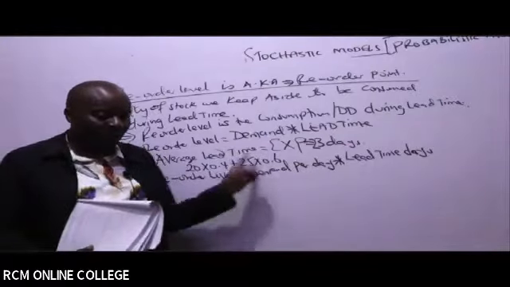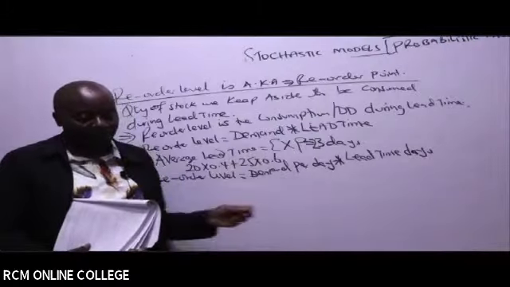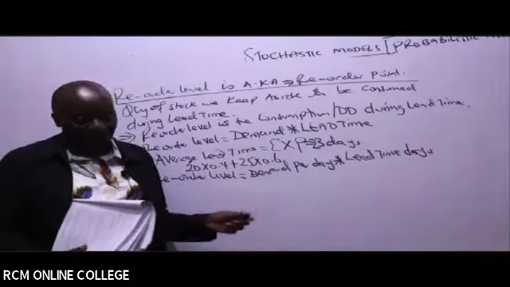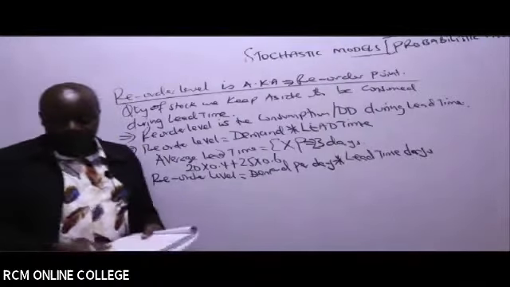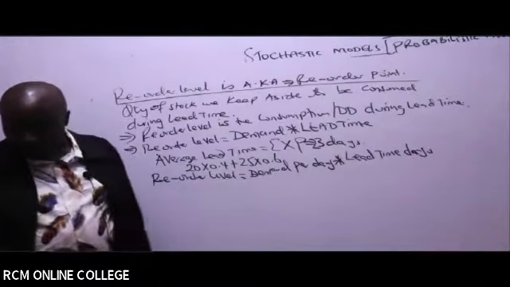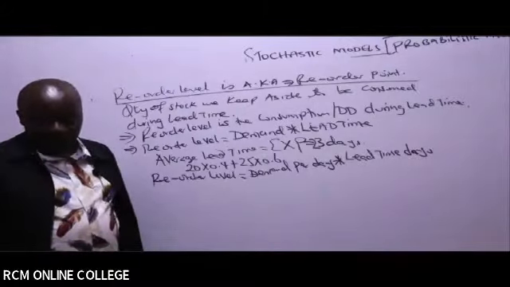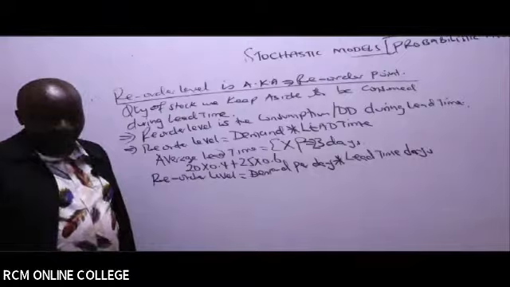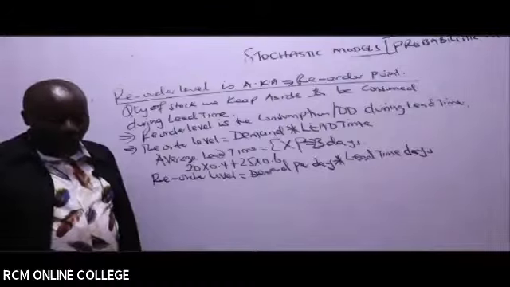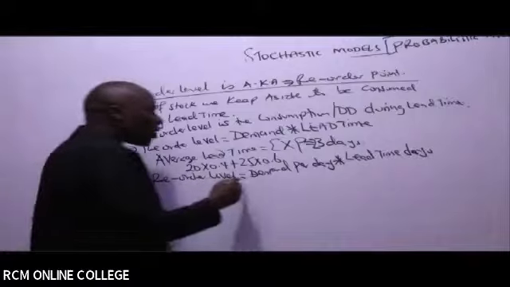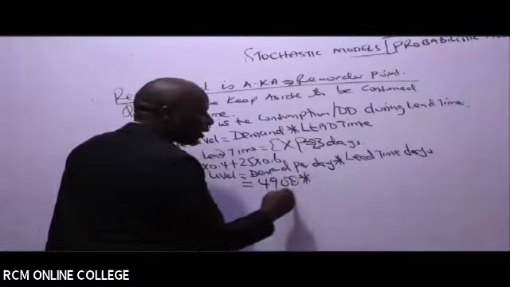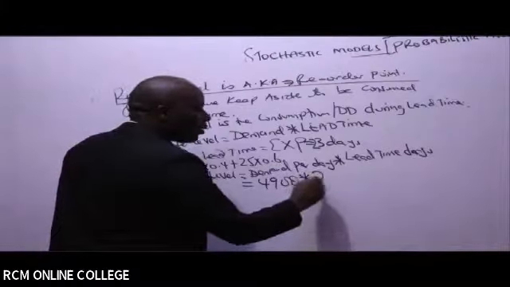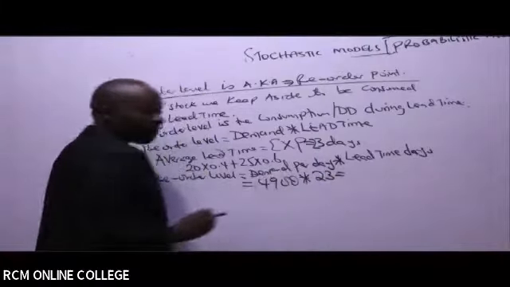So this will be demand per day times lead time days. Can somebody give me the demand per day, then we compare notes? Somebody had already calculated this. It was 4,900 times lead time days, which are now 23.